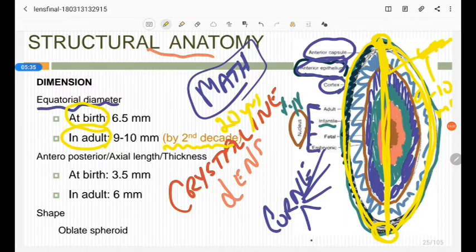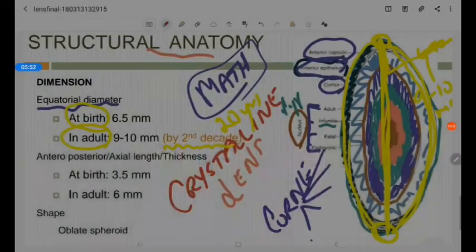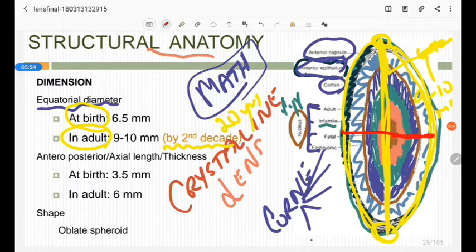So this is the equatorial diameter, which is 6 at birth and doubles up to 10. Similarly, the anterior extent is 3.5 at birth and doubles to 6 millimeters in the adult stage.